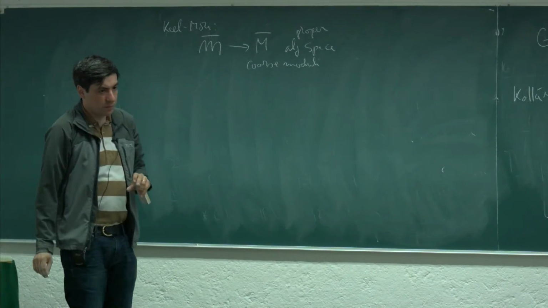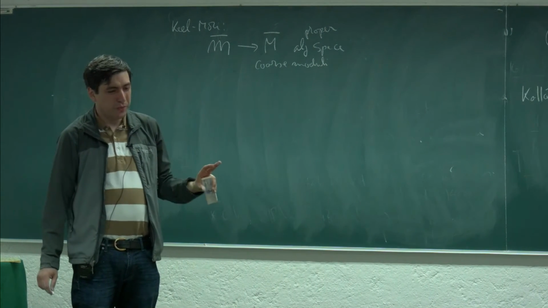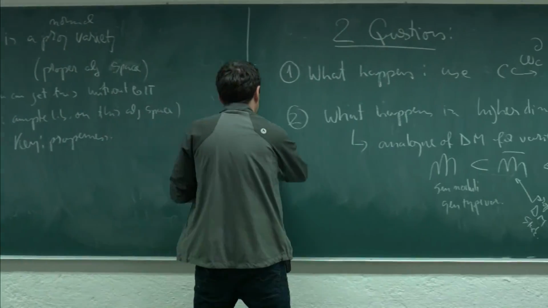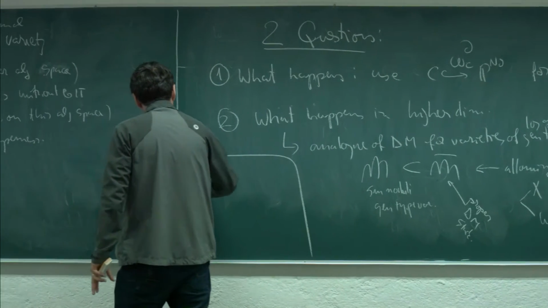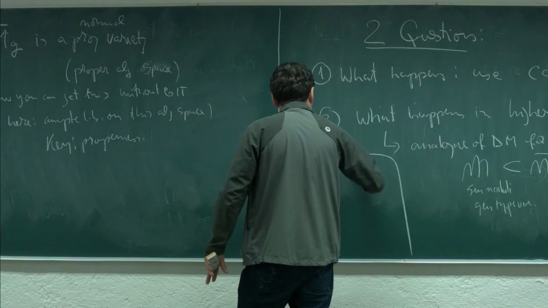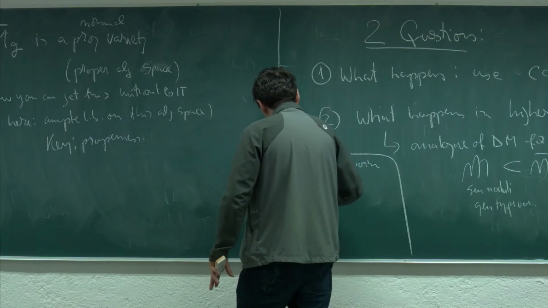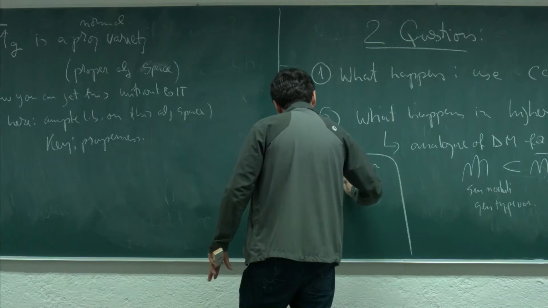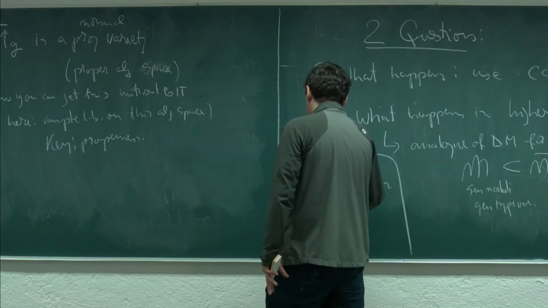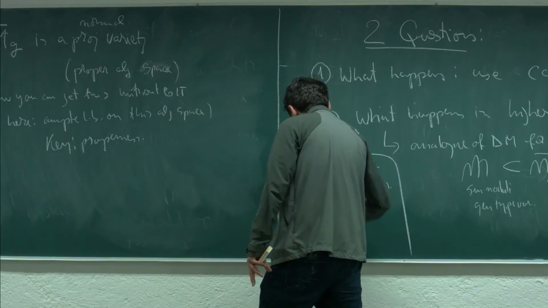Is M constructed by GIT? No. This is like a stack, you just glue. And here there is a big warning: the global construction, like the stack, works, but the local picture, which is deformation theory, obeys Murphy's law.